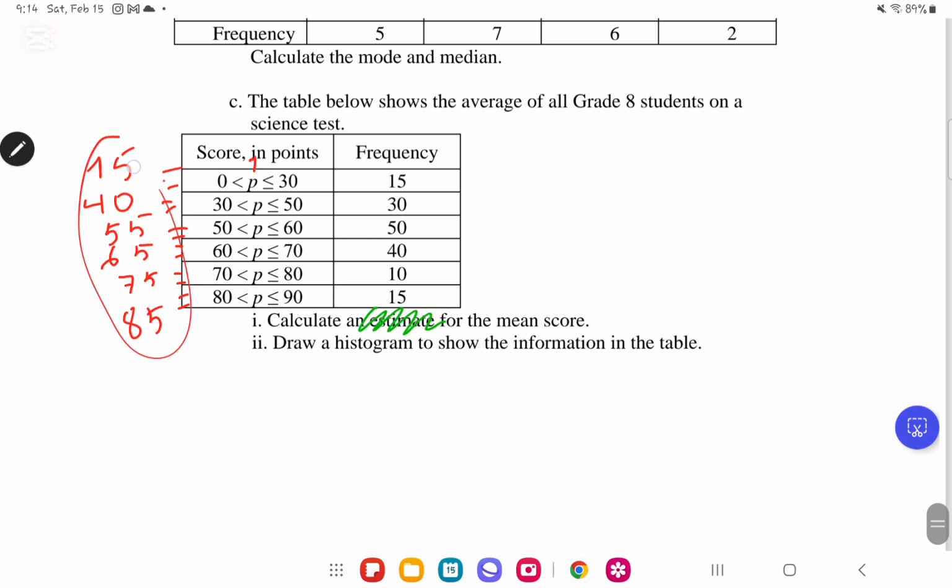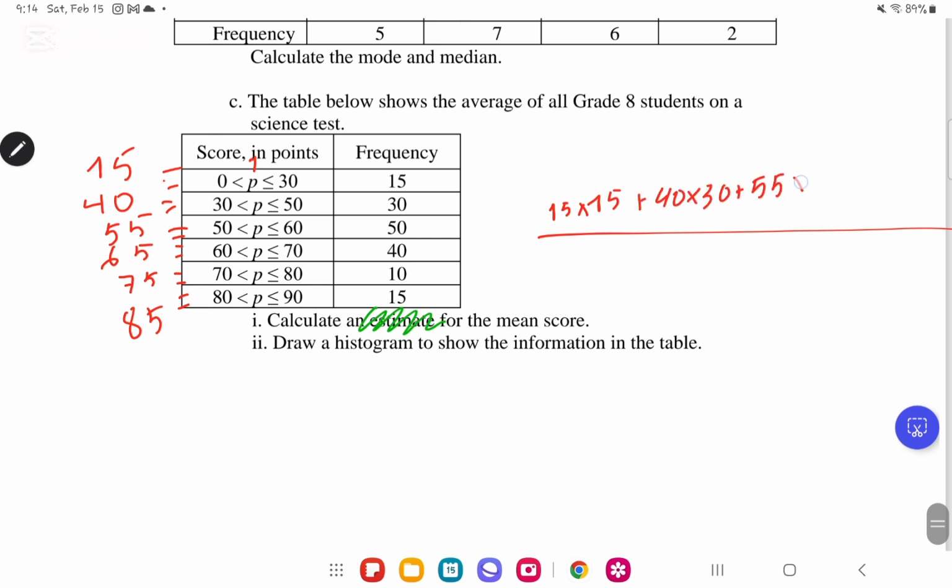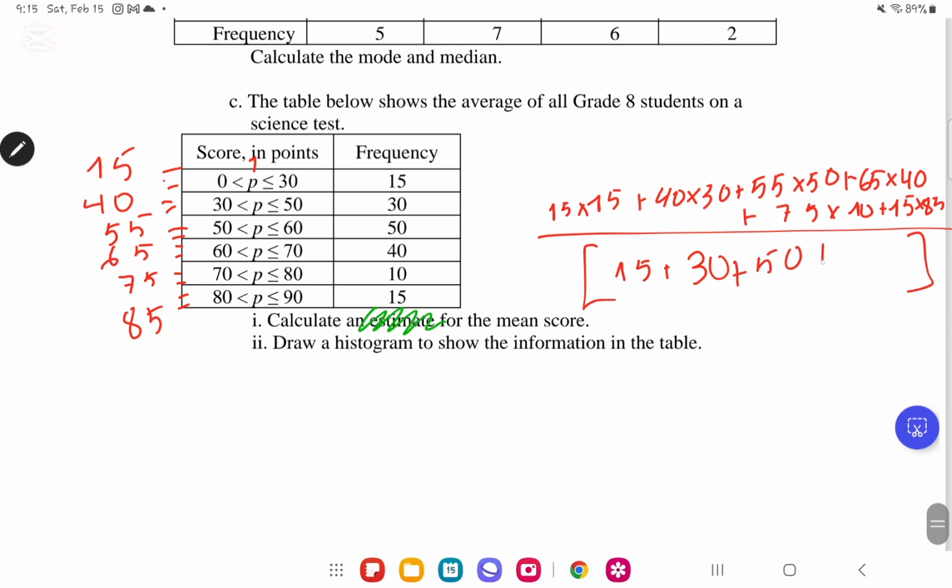Now, we're going to multiply these mid-intervals by the frequency. So 15 times 15 plus 40 times 30 plus 55 times 50 plus 65 times 40 plus 75 times 10 plus 85 times 15. And then you divide by the total frequency, which is 15 plus 30 plus 50 plus 40 plus 10 plus 15.